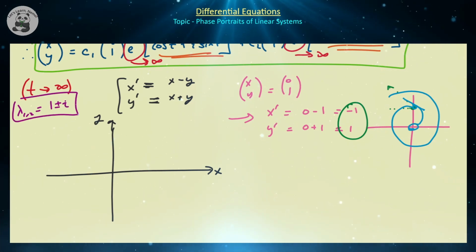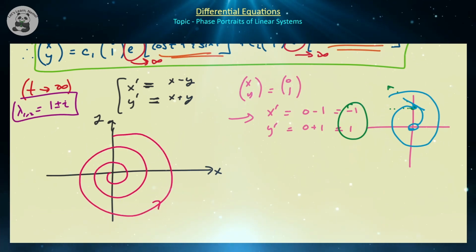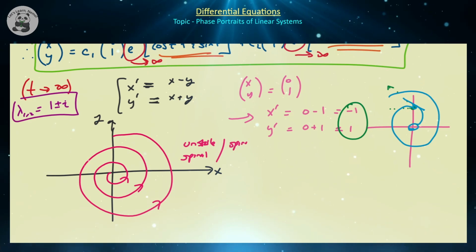I'm going to have this beautiful phase portrait, right? Which some people refer to as an unstable spiral, or some people also call it a spiral source.